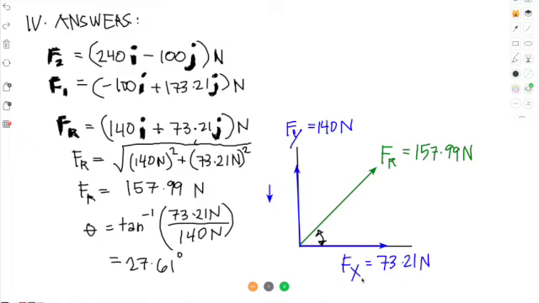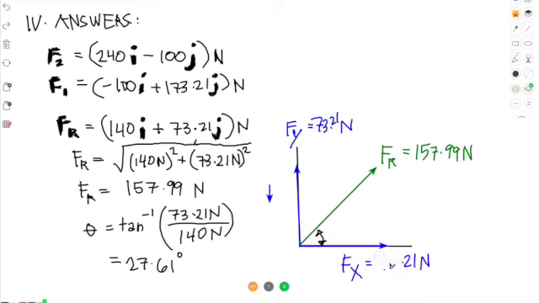I interchanged them, so let me just erase that. So this one is 73.21 and Fx is 140.